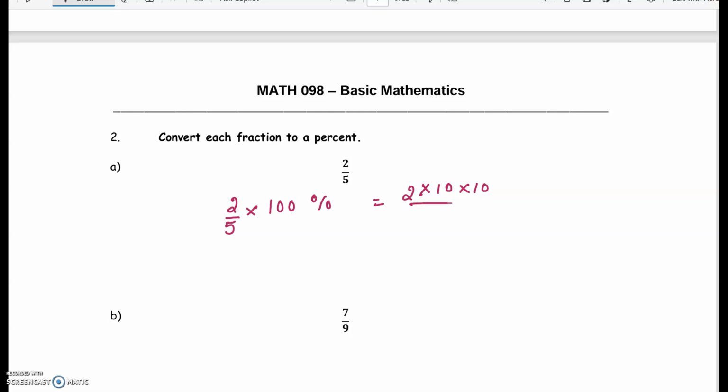So I'm going to simplify it first. So this is equal to 2 times 5 times 2, which is a 10, times a 10. I'm not breaking down everything because I have just a 5 in the denominator. So that is 2 times 2, 4, and that is 4 times 10, 40%.